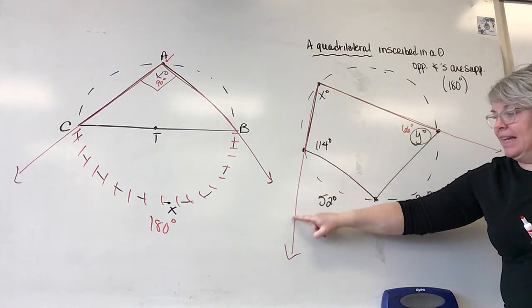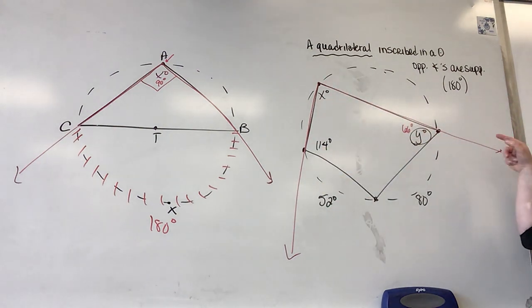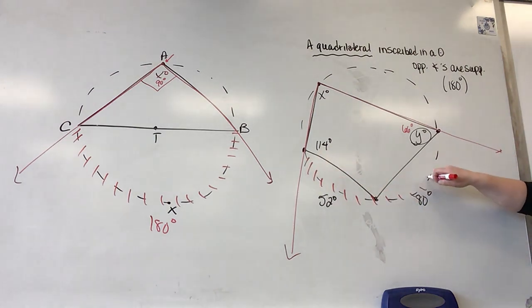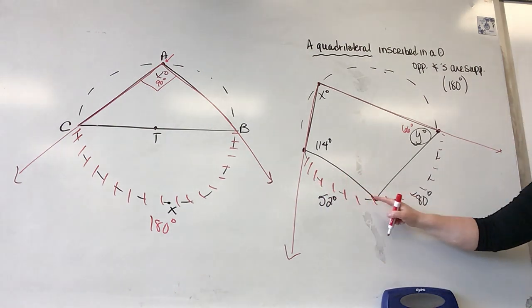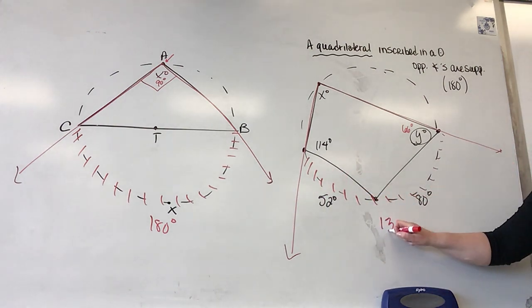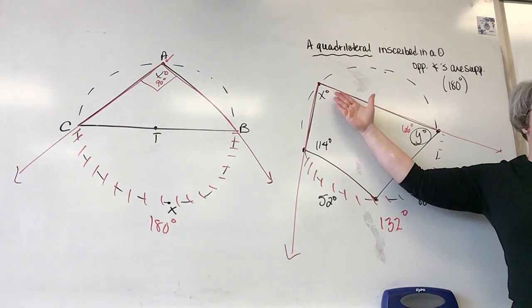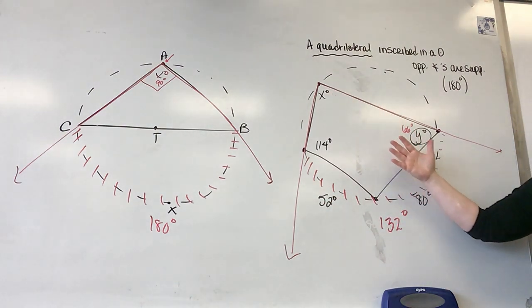And by taking the sides of the angle that I'm looking for and making them longer, we see that it opens up to a huge arc. And the arc is not just 52 and not just 80, it is 132 degrees, this whole arc. And so now if I'm inscribed, then I can find angle x. How?